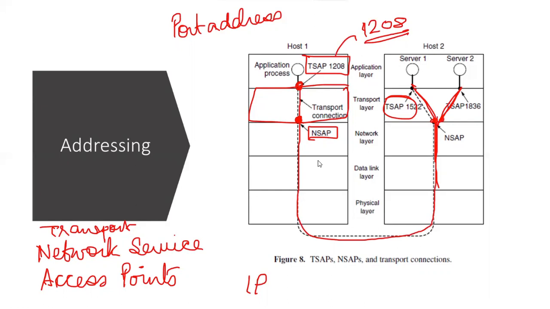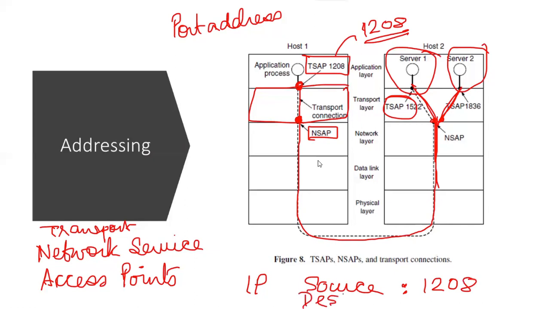Then to whom is it sent? In host 2, you have two processes running, server 1 and server 2, two applications. When the data is sent from host 1, the source address at the transport layer would be 1208.